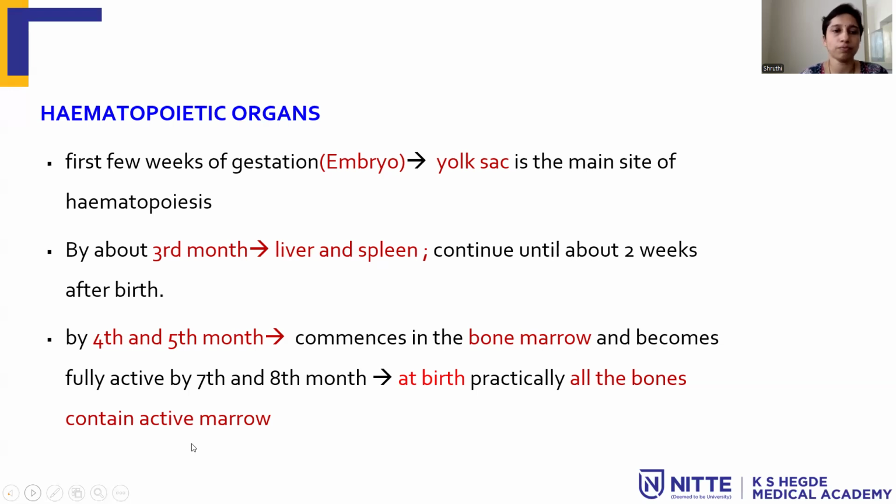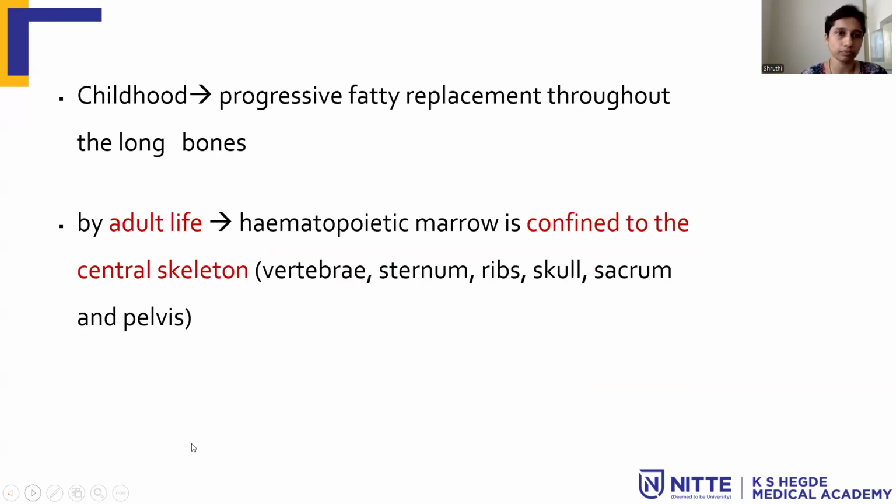By the fourth and fifth month of gestation, this starts in the bone marrow and it becomes fully active by the seventh and eighth month of intrauterine life. At birth, practically all the bones in the body contain active marrow.